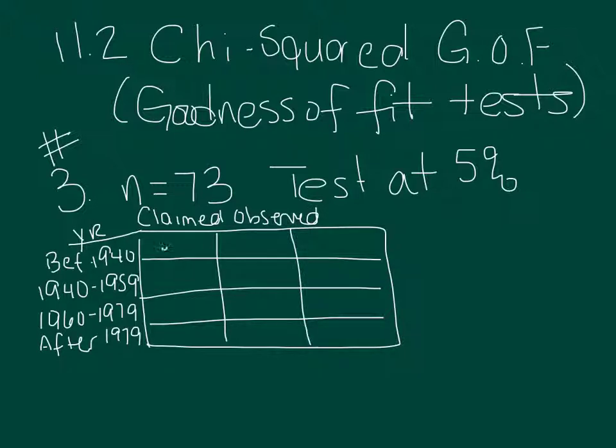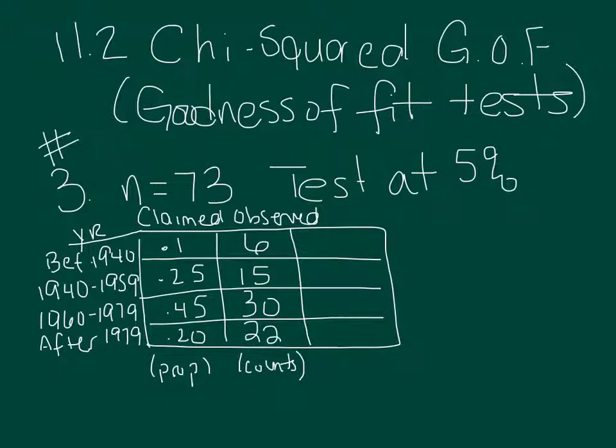So the claimed distribution is 0.1, 0.25, 0.45, and 0.2. These are the proportions, and then these are your counts. In the sample that they actually took, they got 6 before 1940, 15 between 40 and 59, 30, and 22. So this is how the problem starts.